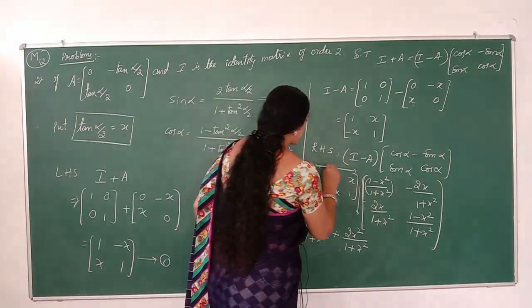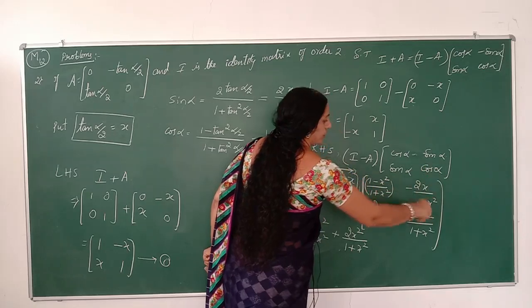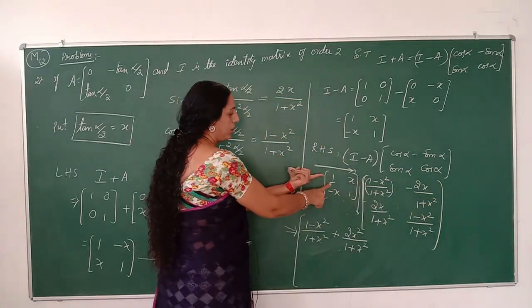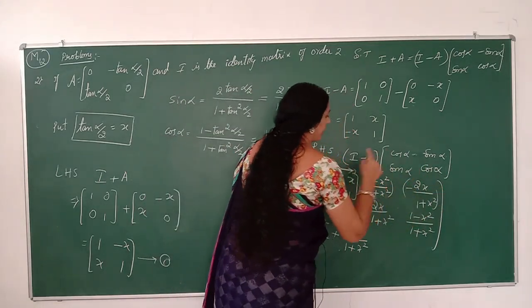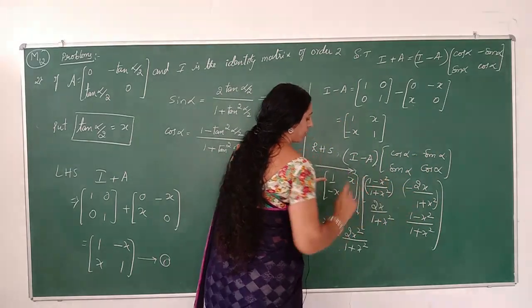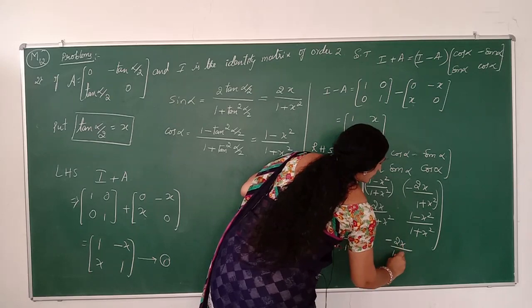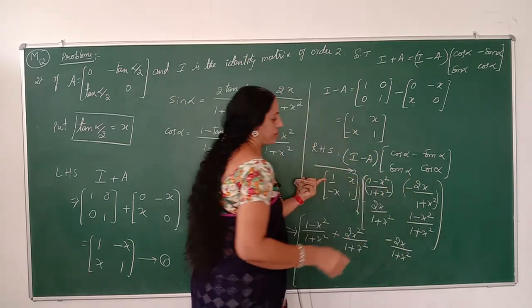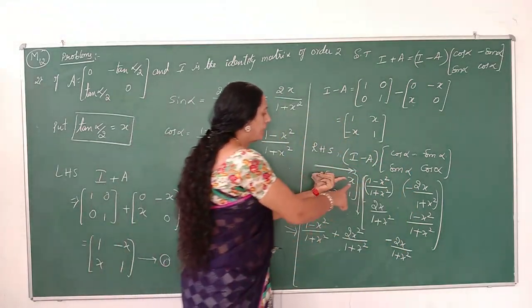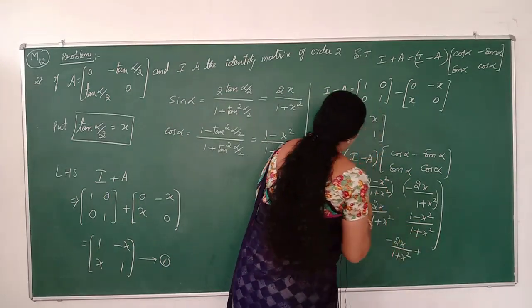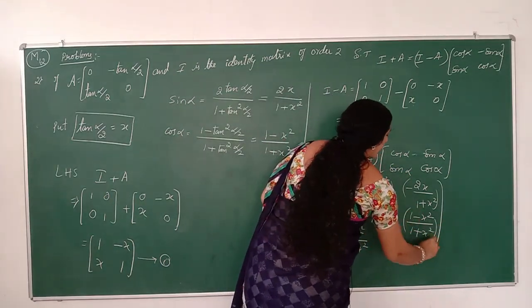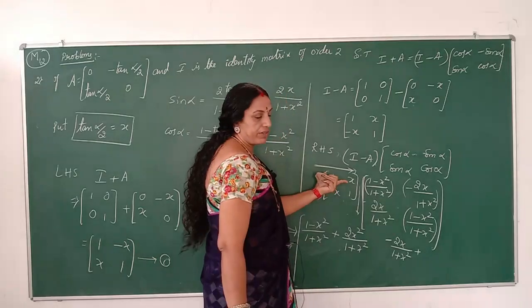Similarly, first row, second column: 1 into minus 2x divided by 1 plus x square, that is minus 2x divided by 1 plus x square, plus the second element x into 1 minus x square divided by 1 plus x square.